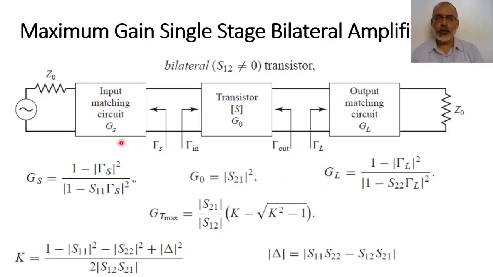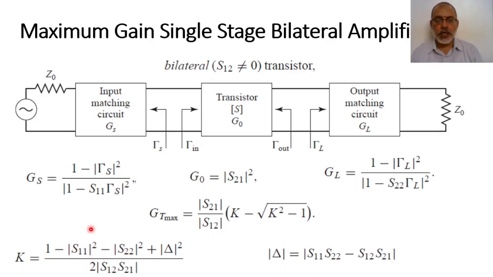For the case of matched load for maximum gain, we can prove that the maximum transducer gain for a bilateral transistor is the magnitude of S21 over the magnitude of S12 multiplied by K minus the square root of K squared minus 1, where K is the stability test condition. If you remember, the stability condition was based on K and delta.